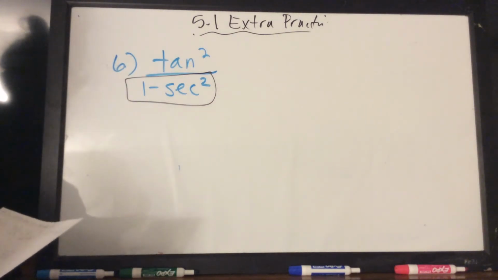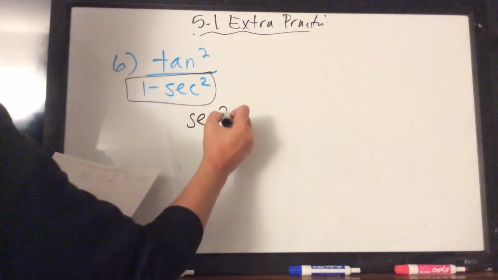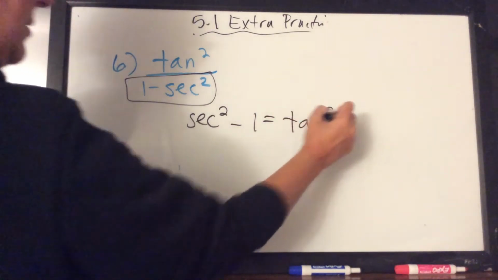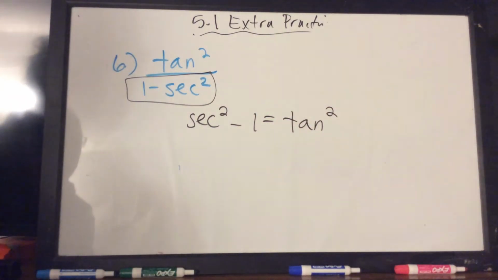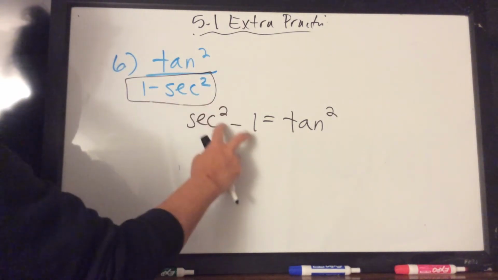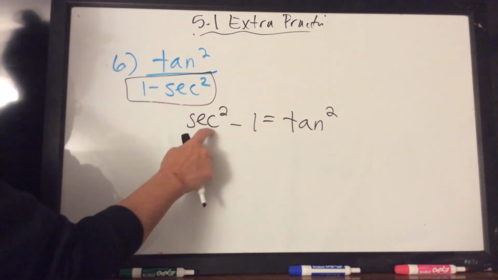So if you think about your Pythagorean identity, secant squared minus 1 is tan squared.